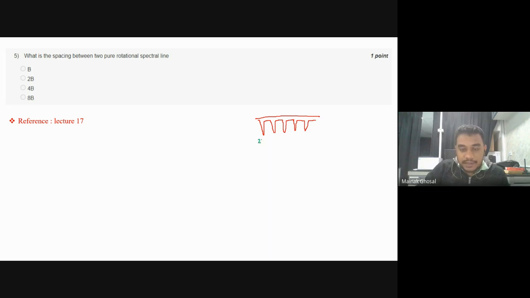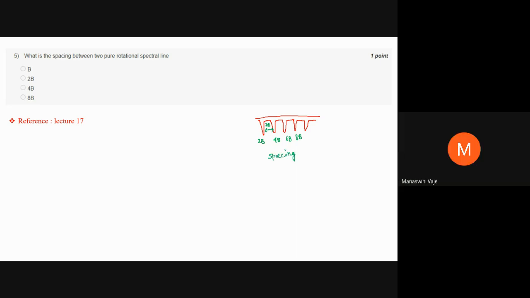The previous day I showed that the first line comes at 2B, the next line comes at 4B, then the next one is 6B, then 8B. So you have seen that the spacing is equal, that is 2B. So the spacing value will be 2B, exactly.